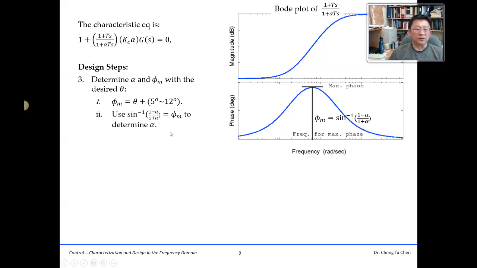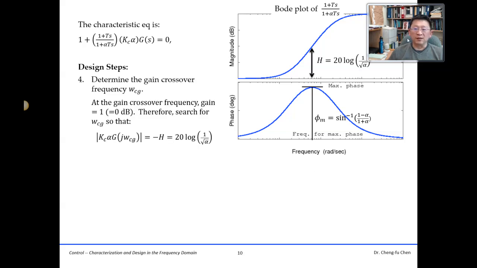We need the last equations, in total 3 equations for solving 3 unknowns, which are Kc, alpha, and T. Okay, so right now we are up to the second step. To this step, we already know this magnitude, and from there we determine alpha.